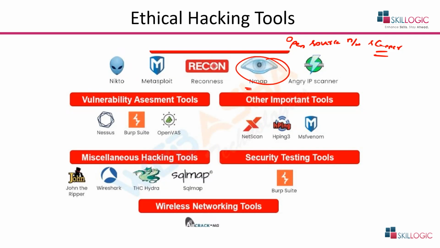It can be used for host discovery and OS detection, and you can check whether a port is open, closed, filtered, or unfiltered, and how many firewalls they have in the network infrastructure. Everything we can cross-verify using Nmap. It is one of the most popular reconnaissance tools we have.